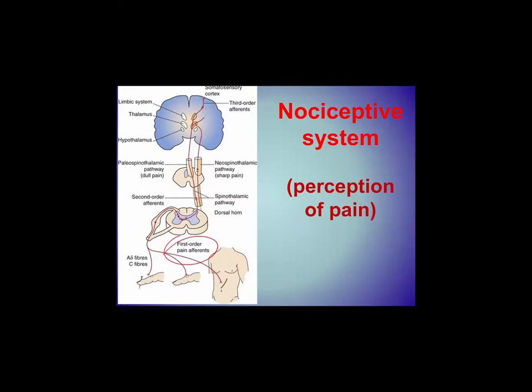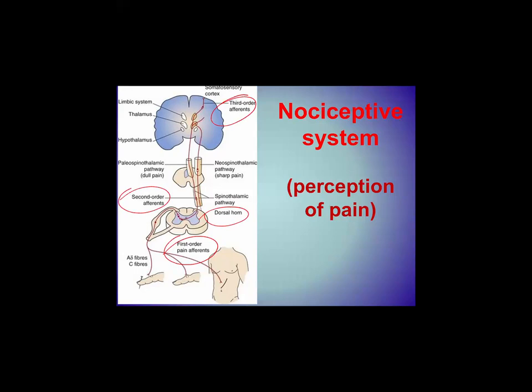From these pain afferents, the information goes to the CNS through the dorsal horn, the spinothalamic pathway, second order afferents, then the neospinothalamic pathway and paleospinothalamic pathway, and finally it reaches the third order afferents. The somatosensory cortex, limbic system, thalamus, and hypothalamus are involved.